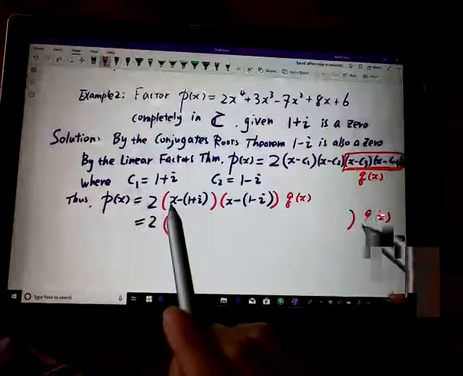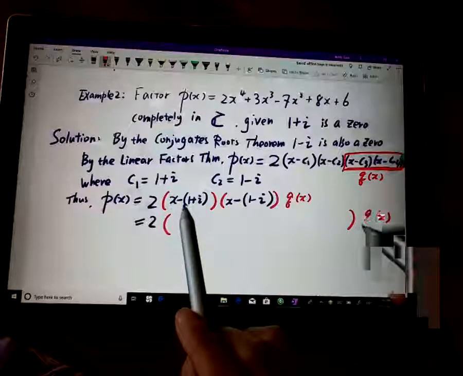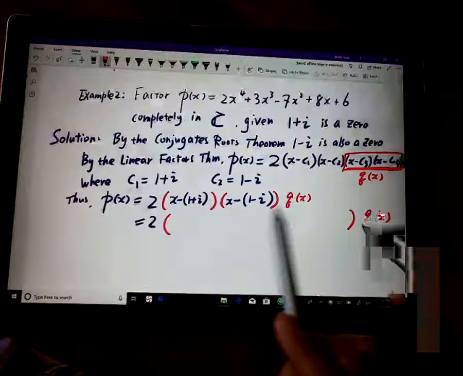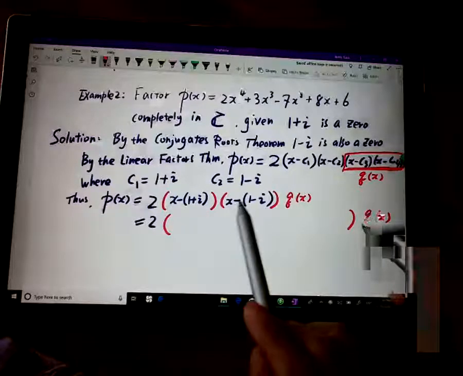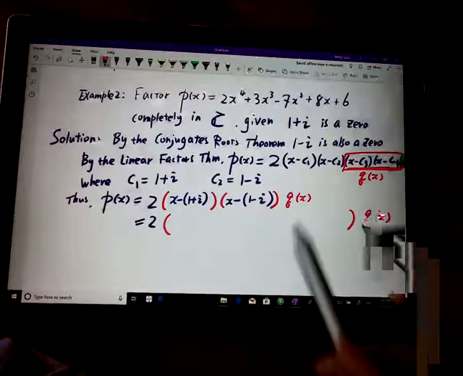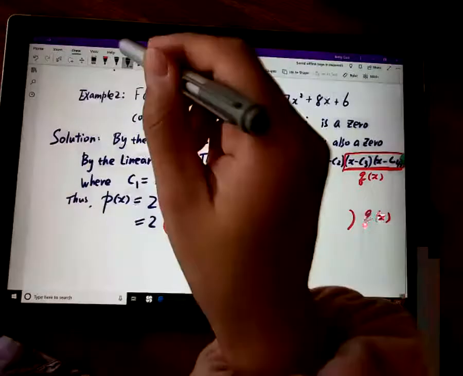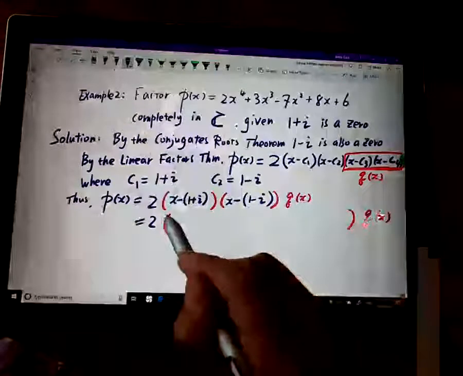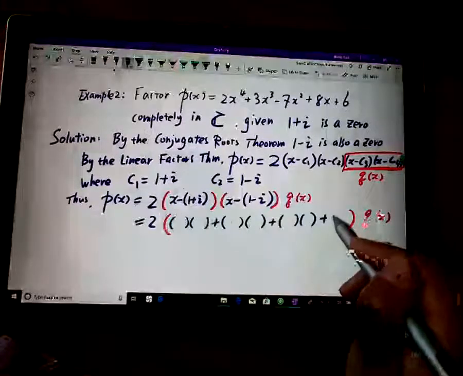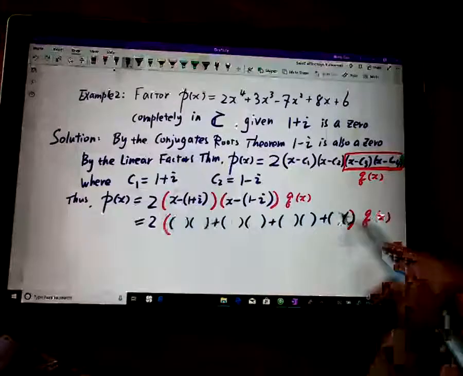You see, x is the first term, negative parentheses 1 plus i is the second term. x is the first term, negative parentheses 1 minus i is the second term. So we are going to FOIL here: first, plus outside, plus inside, plus last times last.